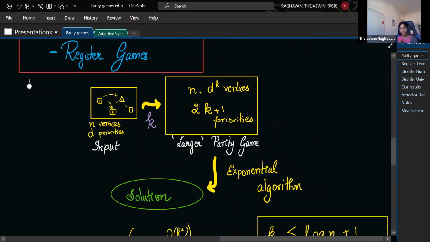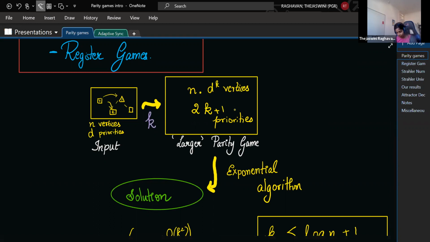It took as input a parity game as usual, and another input which we will call k, which is a mysterious number. Given k, it constructed a large parity game which had n times d to the k many vertices. If k is large, this is pretty large, but note that the number of priorities is at most 2k plus 1 in this huge game.